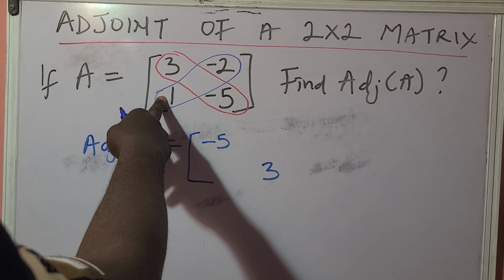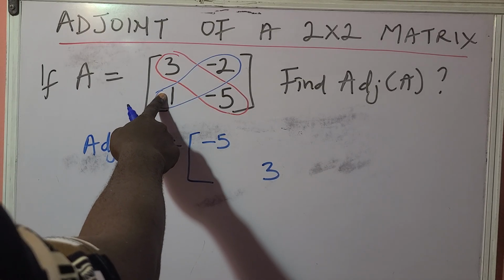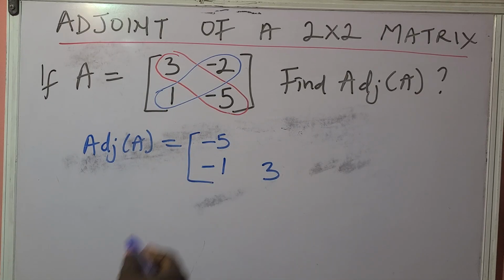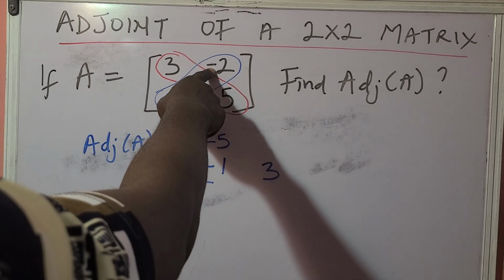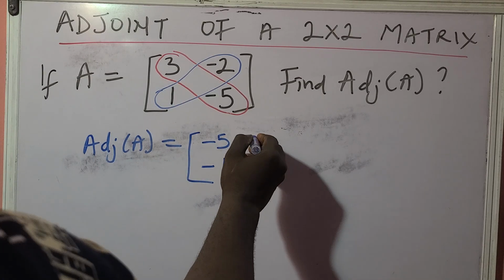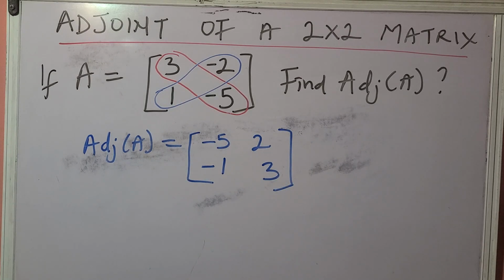So for you to find the adjoint of A, you would have to change this to -1. So you change the sign of all the elements in the other diagonal. In this place we have -2, so you have to change the sign from -2 to +2. So this is going to be the adjoint of matrix A.